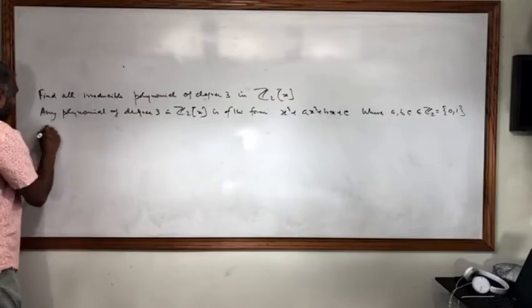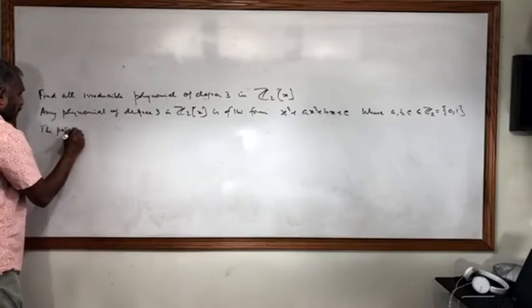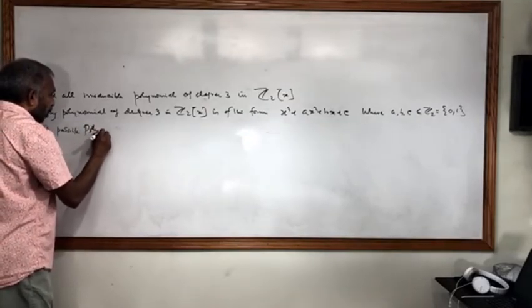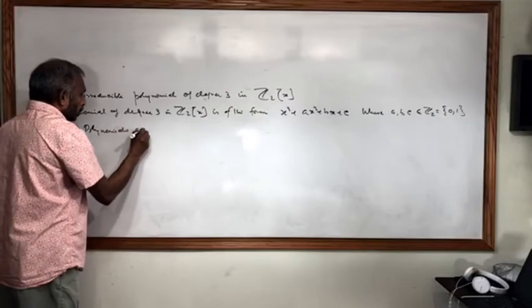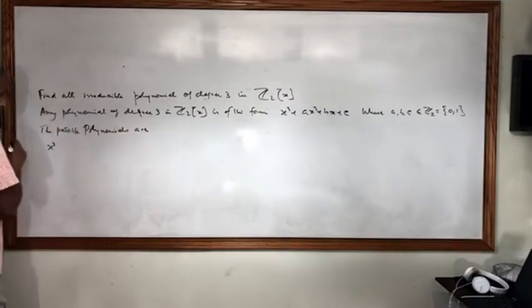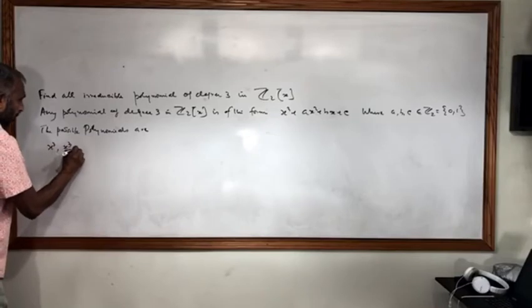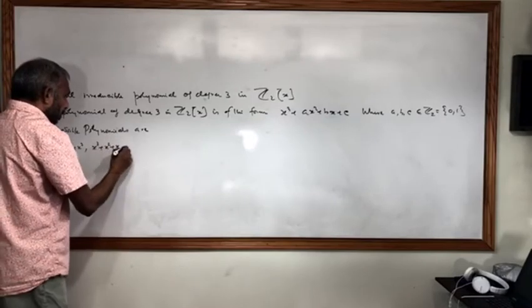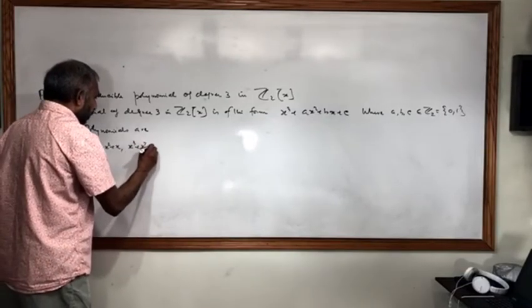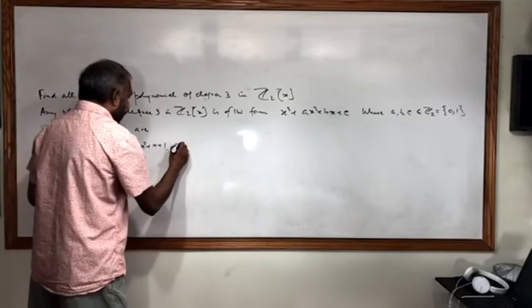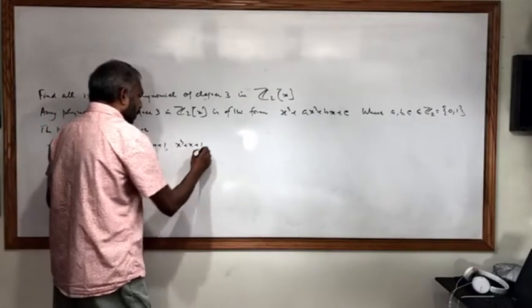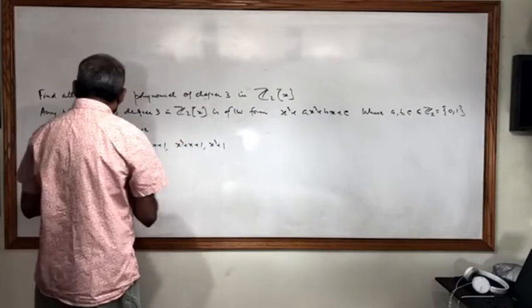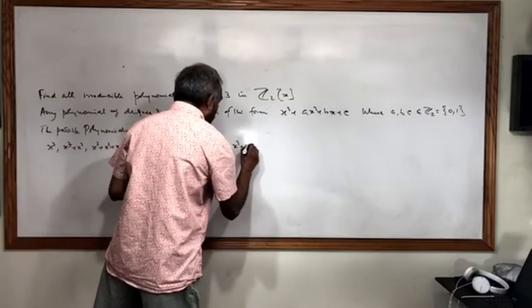So the possible polynomials are x cubed, x cubed plus x squared, x cubed plus x squared plus x, x cubed plus x squared plus x plus 1, x cubed plus x plus 1, x cubed plus 1, x cubed plus x squared plus 1.